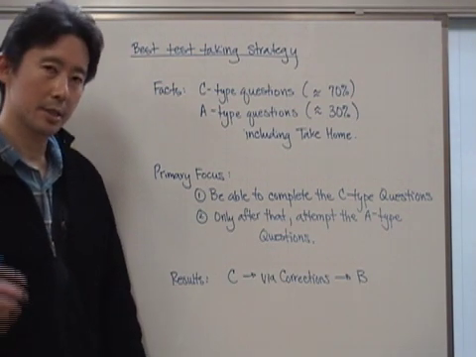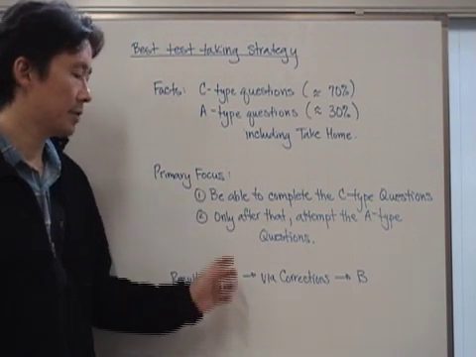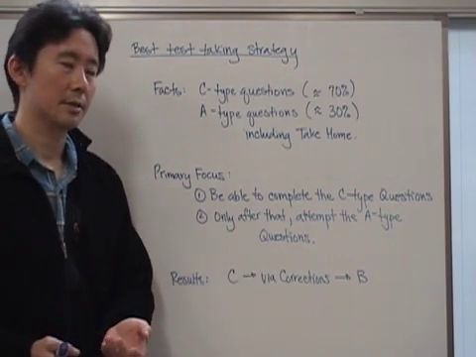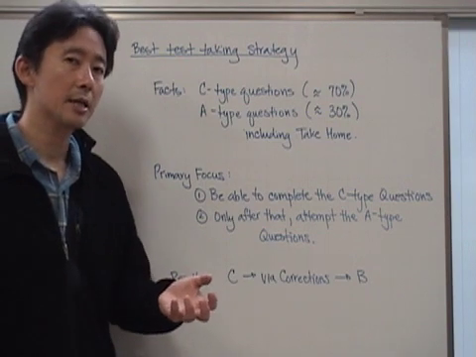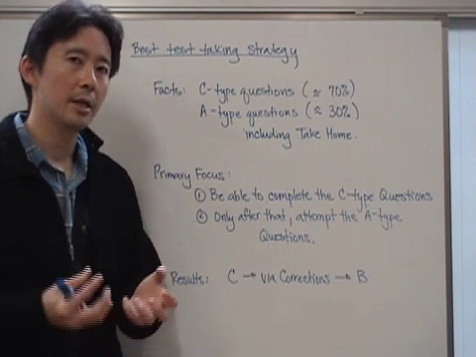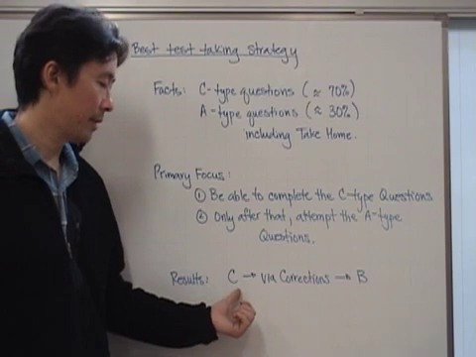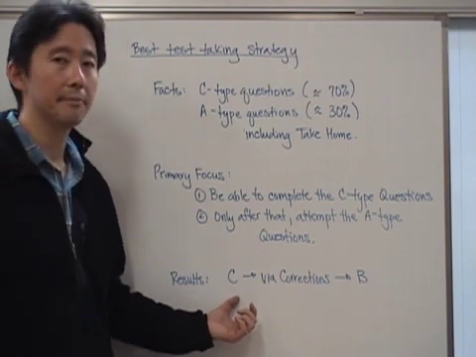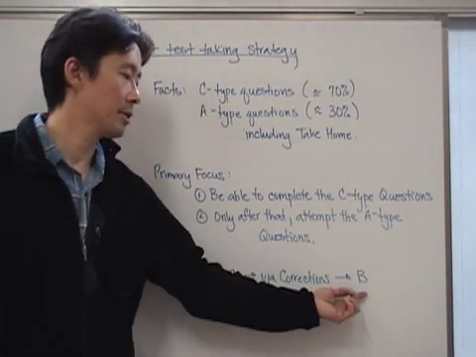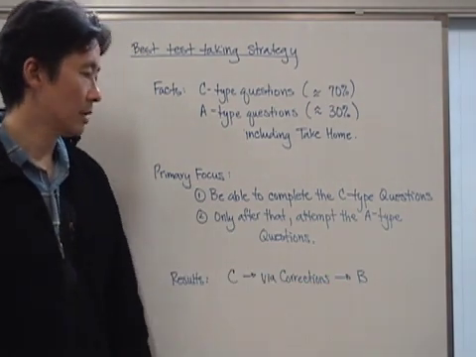Now, think about this: if you focus all of your attention on the C-type questions, and when you take the test you just do the C-type questions and don't even look at the A-type questions, and you can guarantee that you have the majority, or let's just say all, of the C-type questions correct, then you can pretty much be sure that you're going to get a C. Of course, we have the process of corrections, so via the corrections, you can raise your grade to a B. Why is that important?